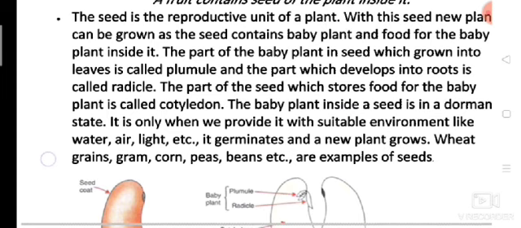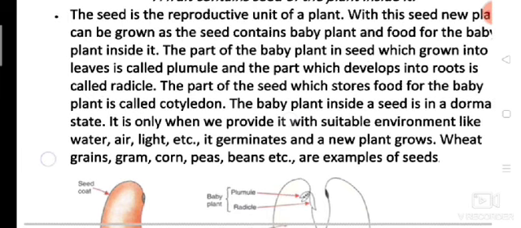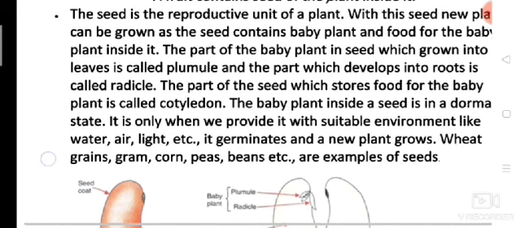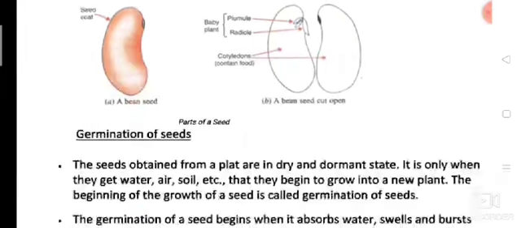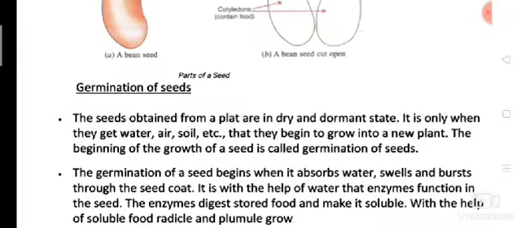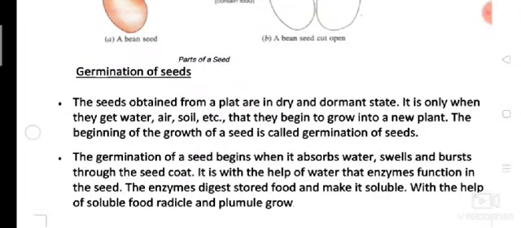The baby plant inside the seed is in a dormant state. It is only when we provide it with a suitable environment like water, air and light that it germinates and a new plant grows. Wheat grains, gram, corn, pea, beans, etc. are examples of seeds. See the picture: a bean seed cut open.